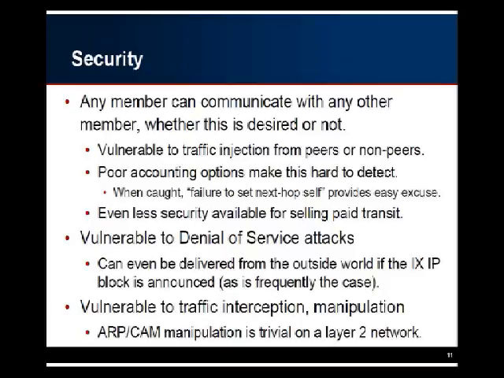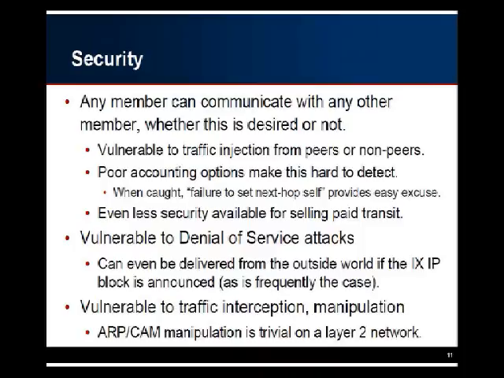You've got the fundamental security issue, which is that any member can communicate with any other member, whether this is desired or not. So you're vulnerable to traffic injection from other peers who are directly connected. There are situations where you're vulnerable to injection from people who aren't on the exchange.